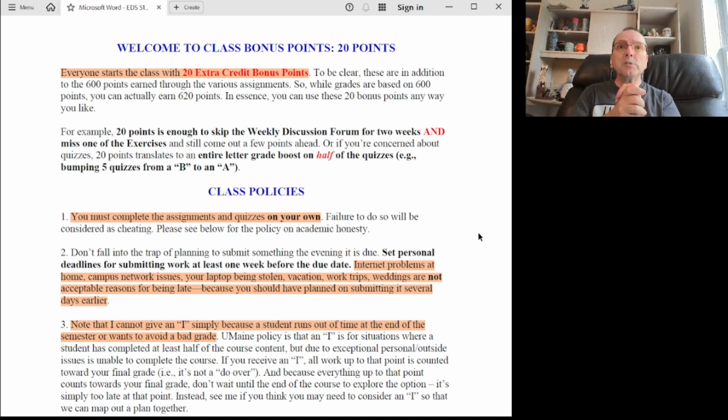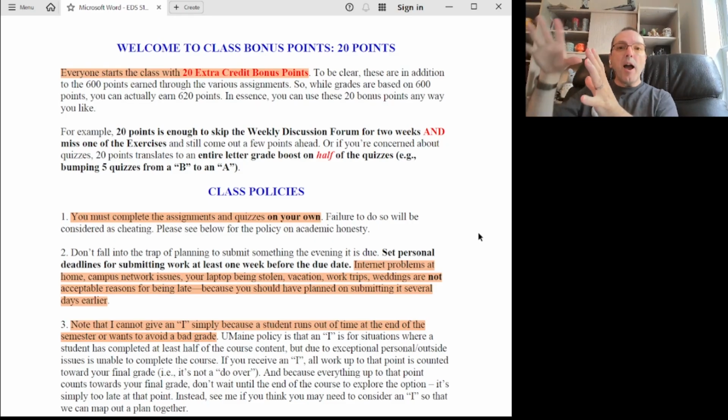I know some students like to think about it in the sense of, okay, I'm stressed out about quizzes. But one way of thinking about it is 20 points is enough to move half of my quizzes from a B to an A. That takes the stress off of me if I'm stressed about quizzes.